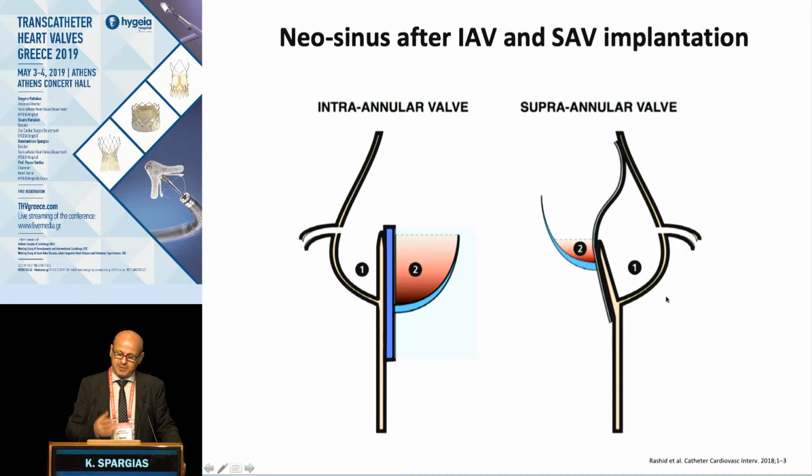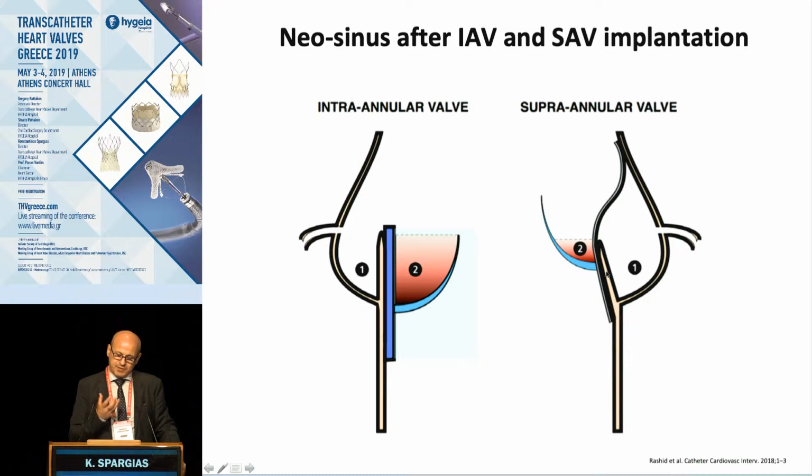Of course, this depends also on the height of the device. So if you position the Medtronic valve lower, then this area becomes larger. The higher you go, the smaller that area.